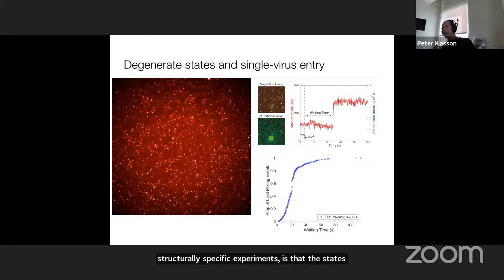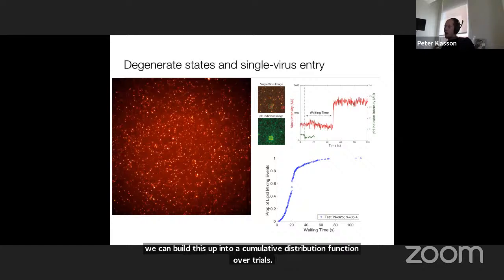With the fluorescence dequenching data that I've shown you, if we look at a single virus trace on the upper right, it's essentially a step function. And so we can measure a state change from not entry competent to entry competent, and we can build this up into a cumulative distribution function over many trials.